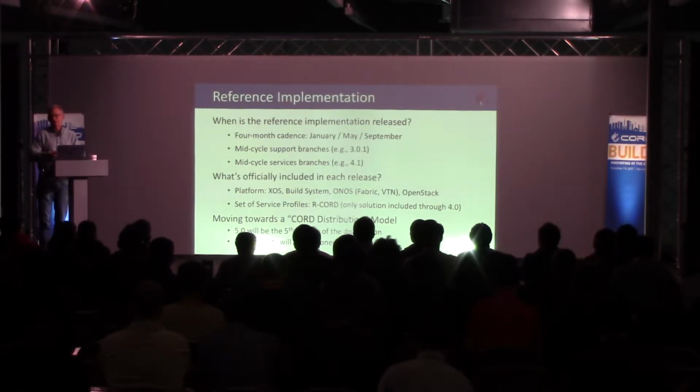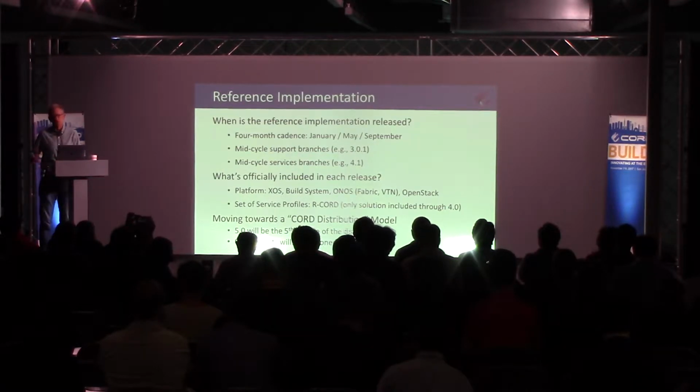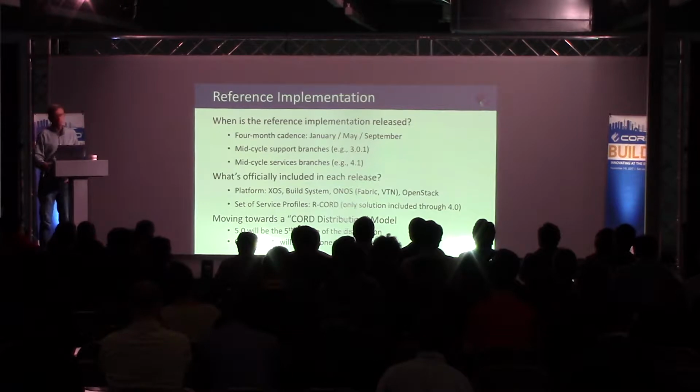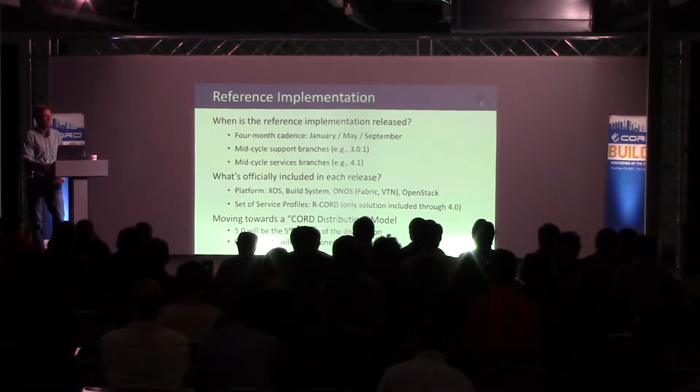We have a 3 times a year, 4-month cadence: January, May, September. We shoot for the middle of the month, might be the last half of the month. We just released 4.0 a few weeks ago, and then obviously there are mid-cycle support branches, fixing bugs and so on.